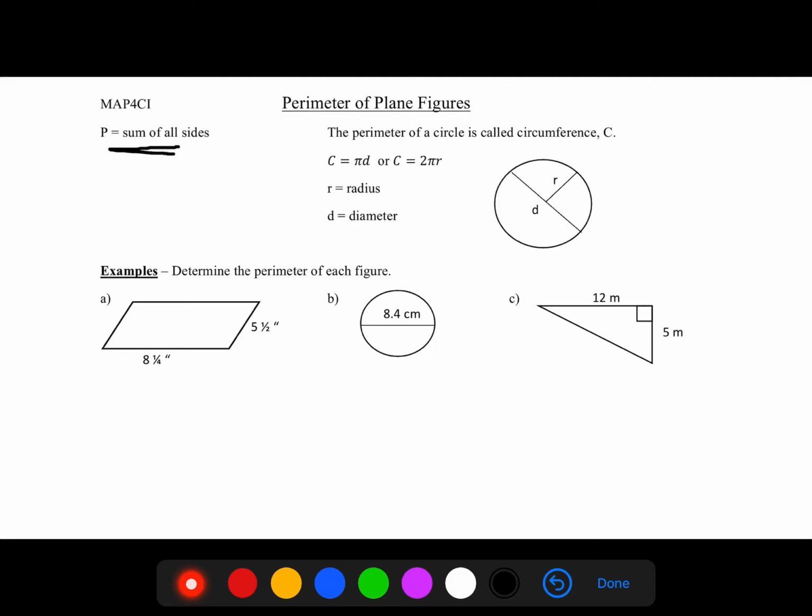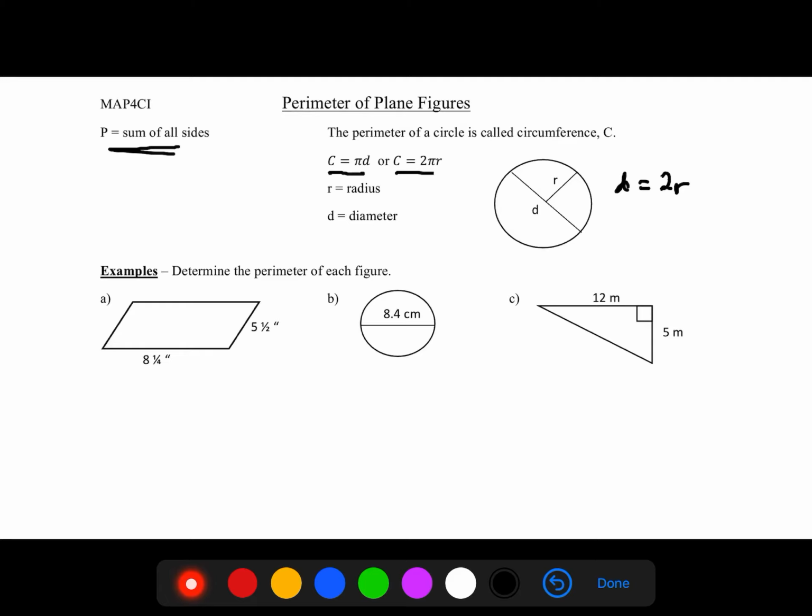And we have two different measurements that we tend to use for circles. Radius, which is through the center of our circle to the outside of the circle at any point. And diameter is all the way through the circle, still through the middle of the circle. So we know that diameter is equal to 2 times the radius.